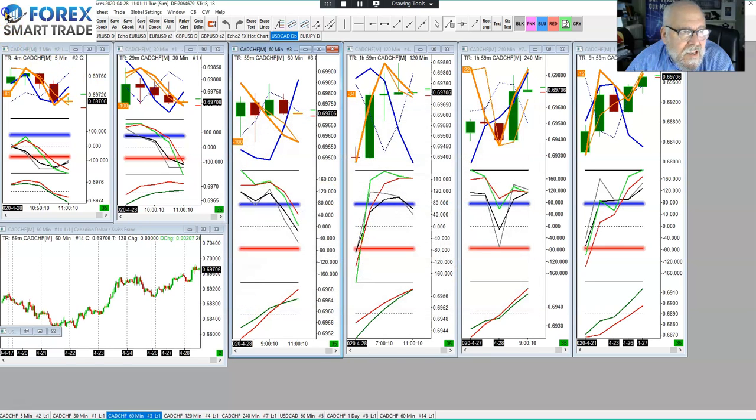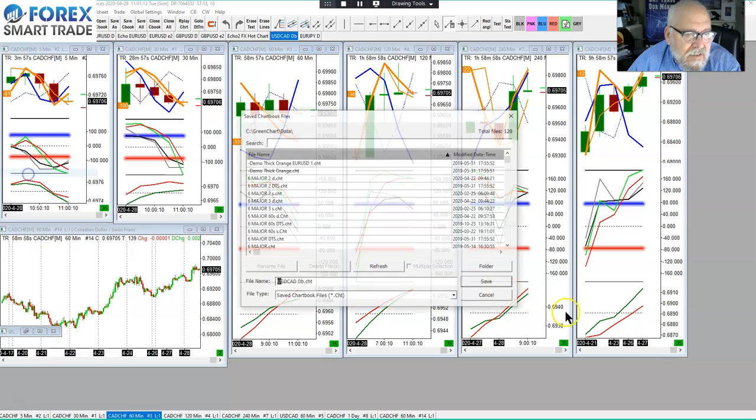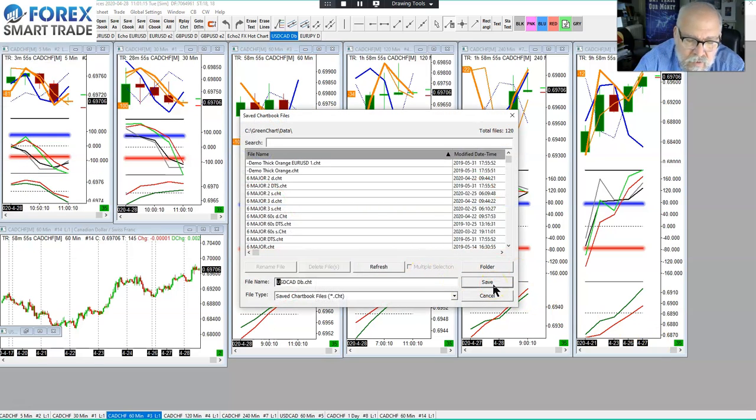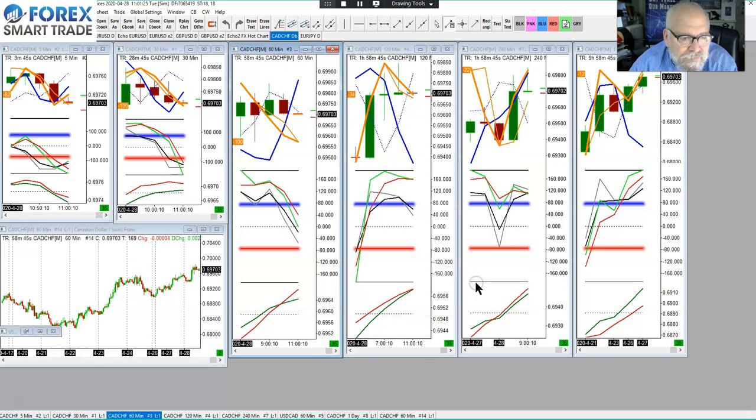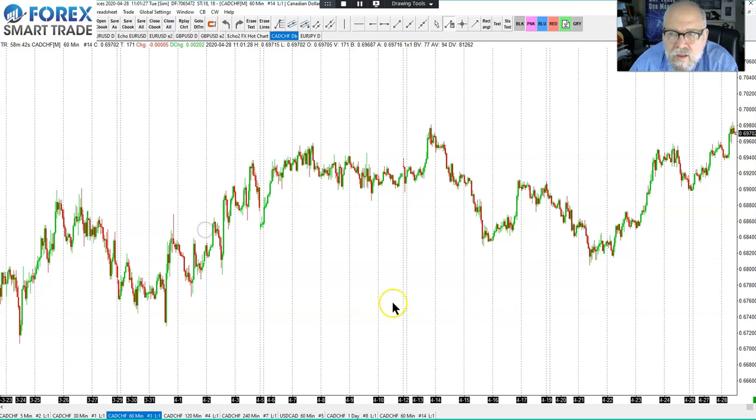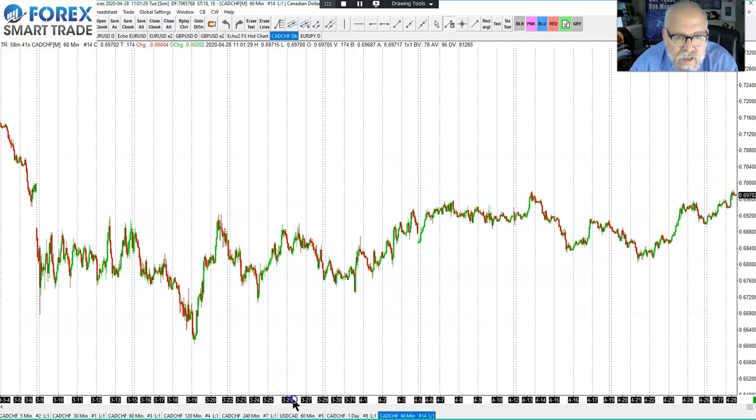Click OK. I'm going to click save as CAD CHF. I want to know what I might have. I want to know where my support and resistance is.